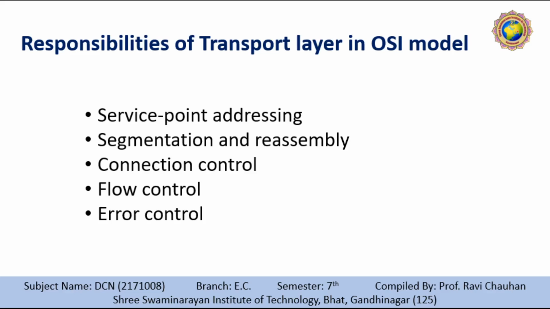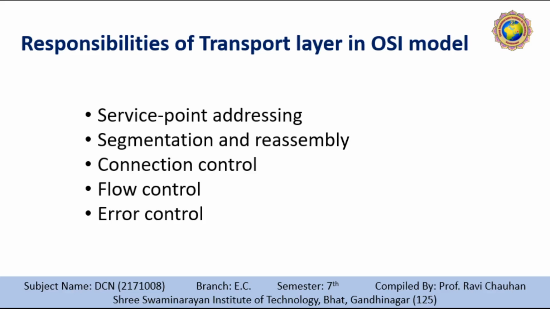Next is flow control. Like the data link layer, the transport layer is responsible for flow control. However, flow control at this layer is performed end to end rather than across a single link. Next is error control. These two types of control we have also seen in our data link layer. Like the data link layer, the transport layer is responsible for error control.